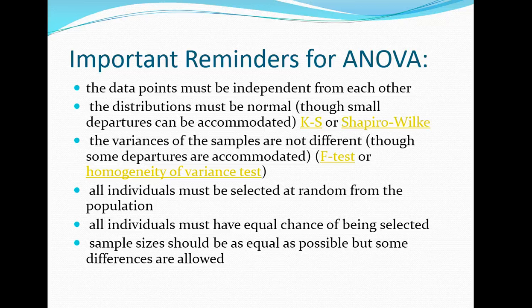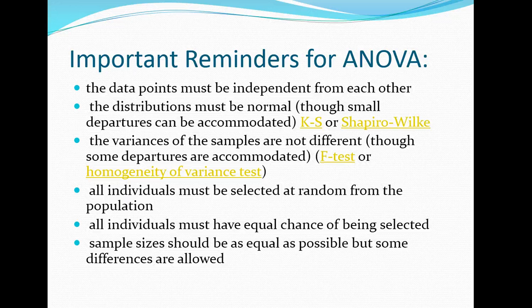To be strict, you need to do an F-test, or the homogeneity of the variance test, in some software called Levene's test, and you have to make sure that you do not reject the null hypothesis, that the value of the F-test is not in the critical region, because you want your variance to be equal. So that's the null hypothesis.